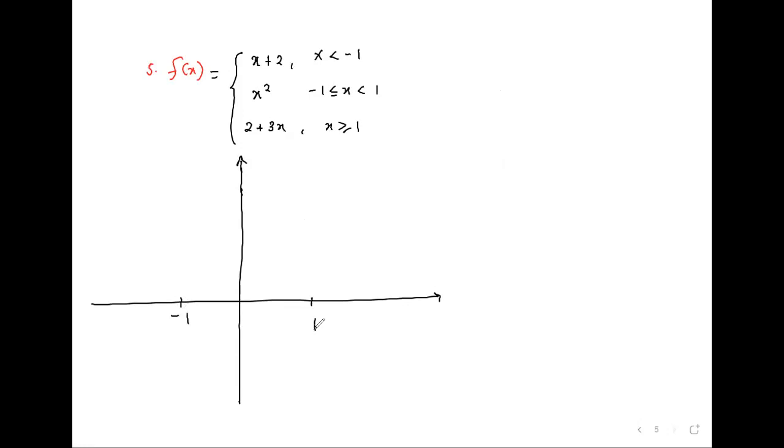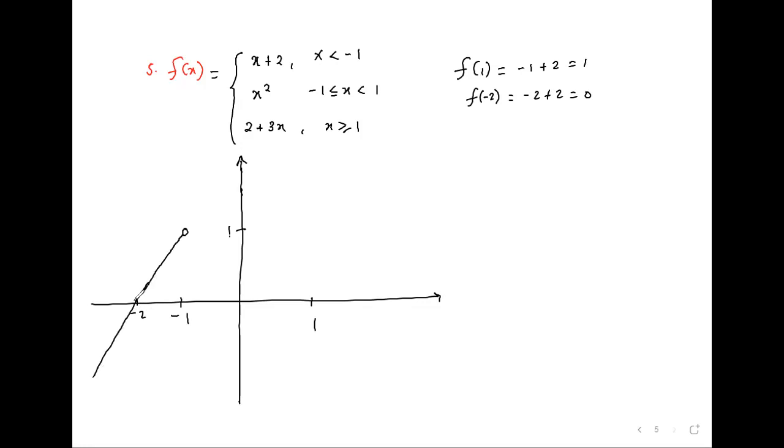For minus 1 first, we substitute in the upper function: minus 1 plus 3 is equal to 2. So we are at 2 and we open. It's a straight line that is positive. If we pick a number, say minus 2, just to see what happens before minus 1, we get minus 2 plus 3, which is 1.